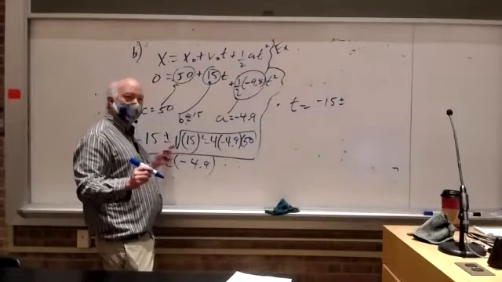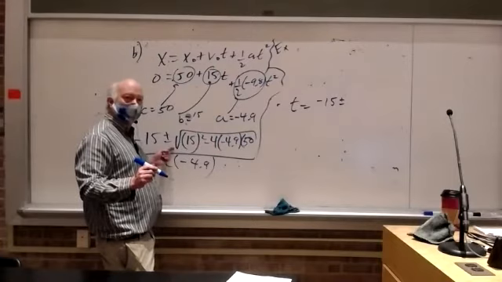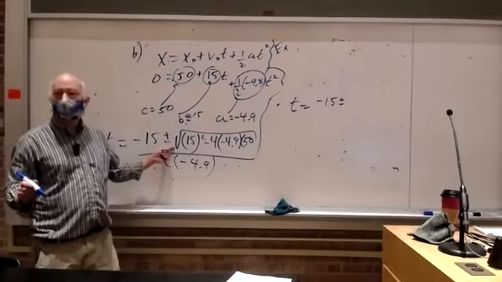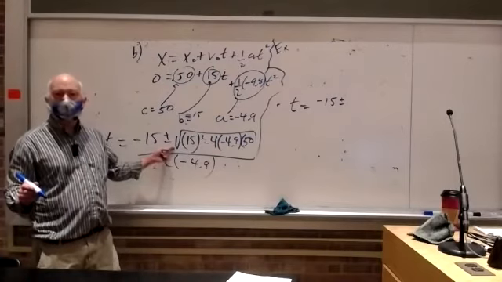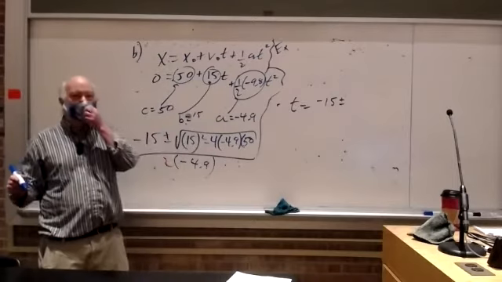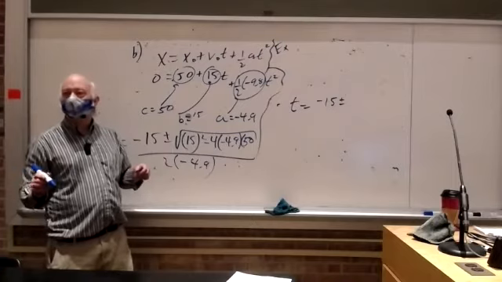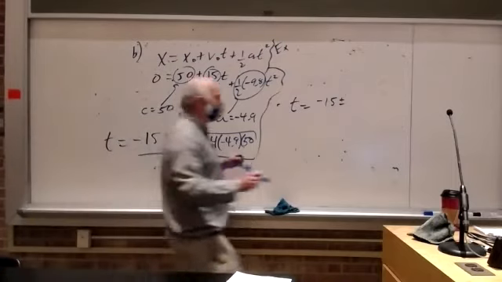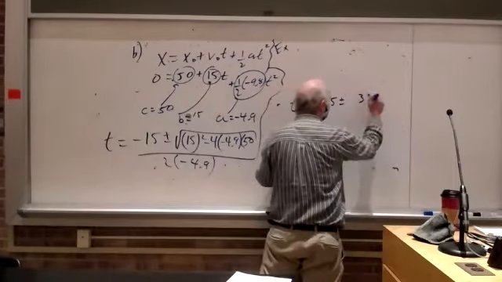The whole square root is what? Now, the square root is going to be positive. 34? All right, 34.7, I'm going to call it 35.